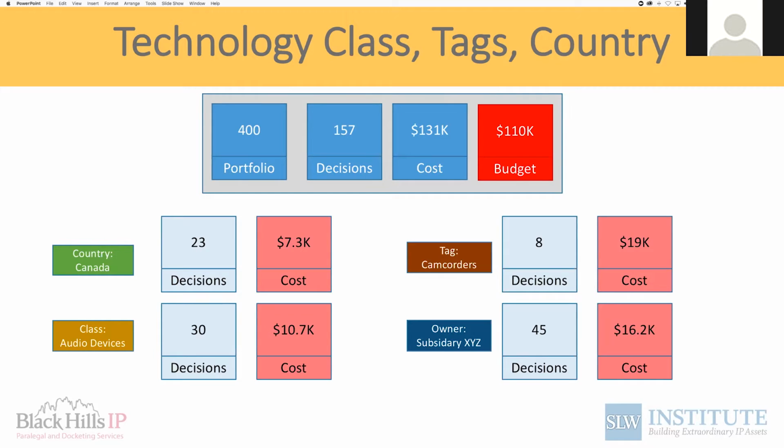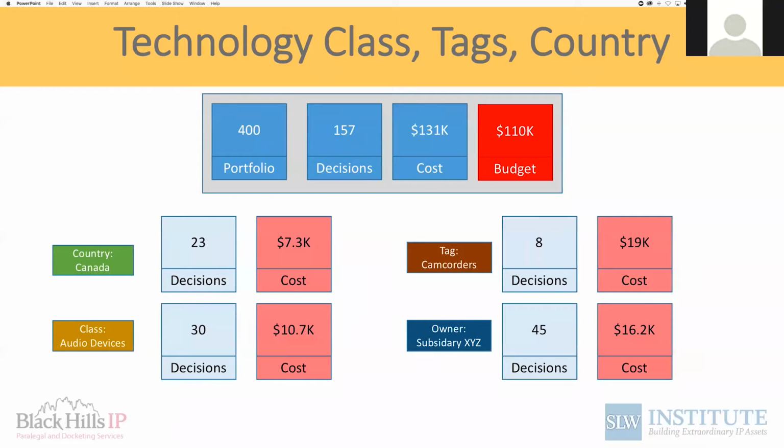Well, the potential savings here are fairly low compared to the number of patents, so this might not be a worthwhile starting point for me. Similarly, if my subsidiary XYZ company has been struggling, I can filter by their patents and see that I've got 45 decisions to make at a cost of just over $16,000. Again, for the number of patents that have to be looked at, the cost isn't tremendous.